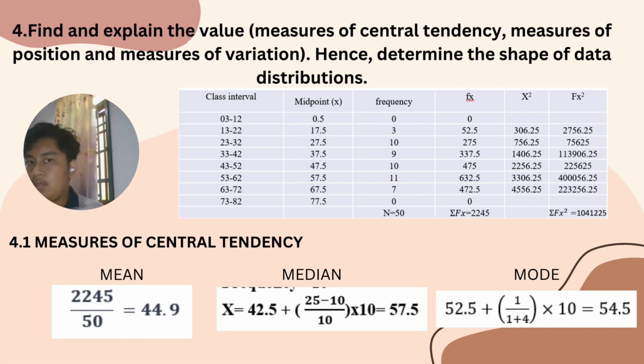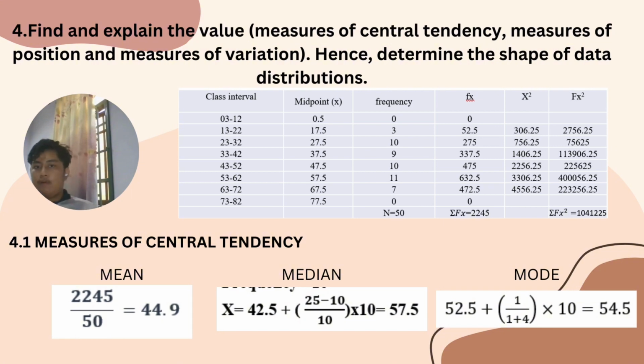For the class width, which is C, you need to do 52.5 minus 42.5, and you will get a class width of 10. And to find the cumulative frequency before the median class, it is 10, and the frequency is 10.